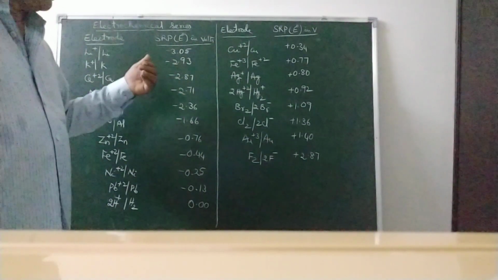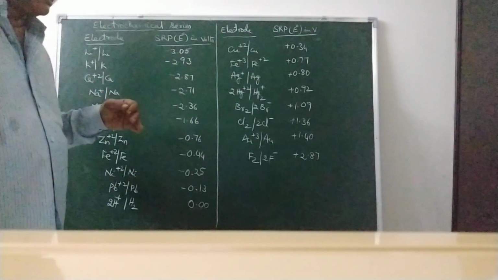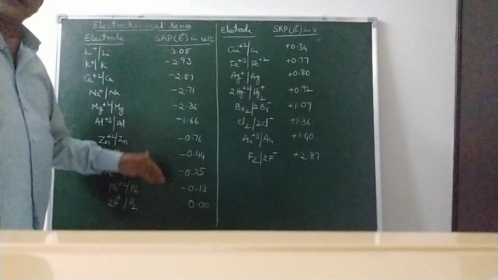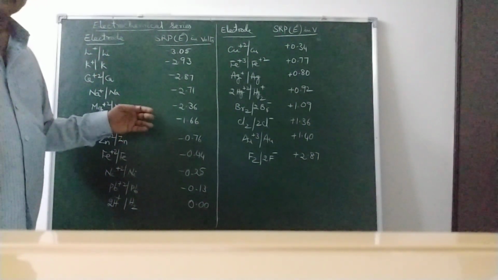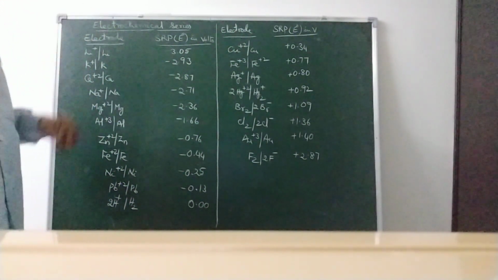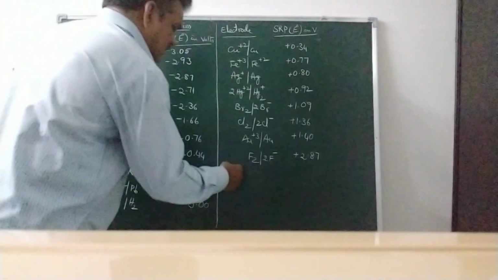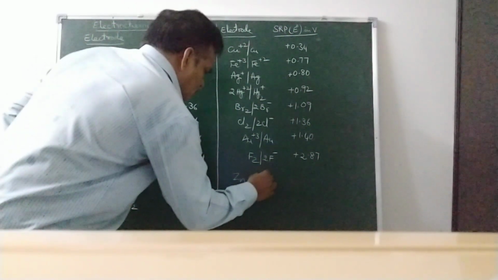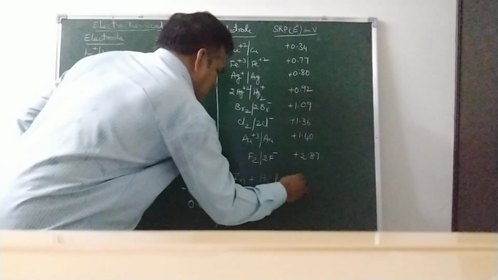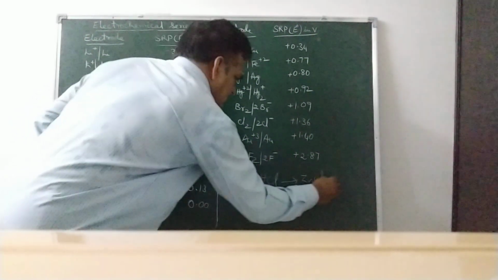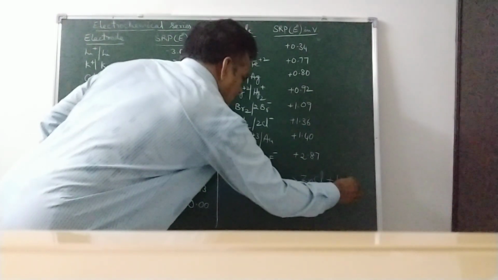In this way. And another thing, the electrode which lies above the hydrogen electrode can liberate hydrogen from acids. In the lower class we discussed that when zinc pieces are added to HCl, then ZnCl2 plus hydrogen is formed.